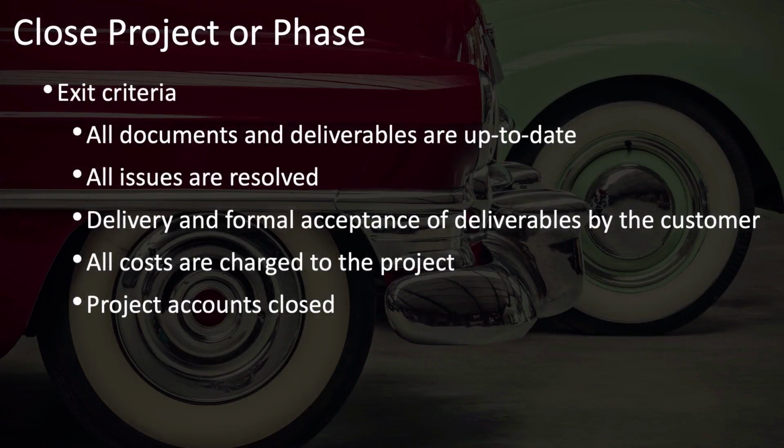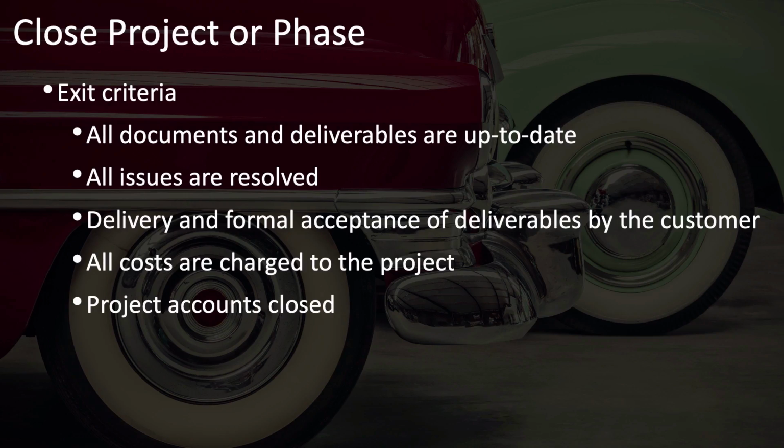There are certain things that you should do at the end of each phase or at the end of your project as exit criteria to make sure that you wrap things up cleanly. You might use a checklist to help manage this list and make sure that you have completed all of these items. One is that all of your documents and deliverables are up to date.